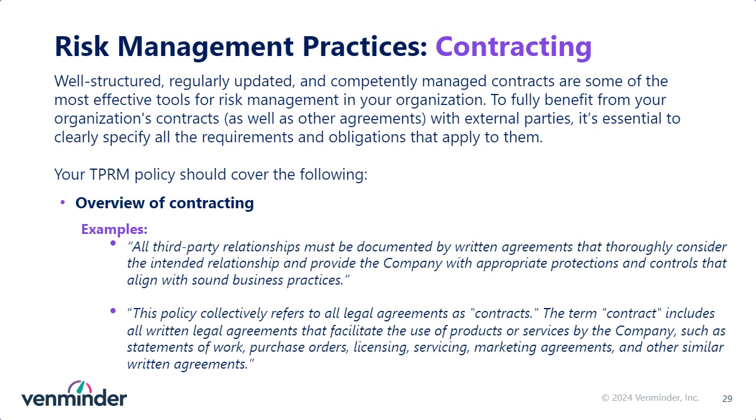So the first thing we want to do is state right up front that all relationships, all engagements must be documented by a written agreement, right? And that applies to all written agreements, such as purchase orders, scopes of work, and so on.